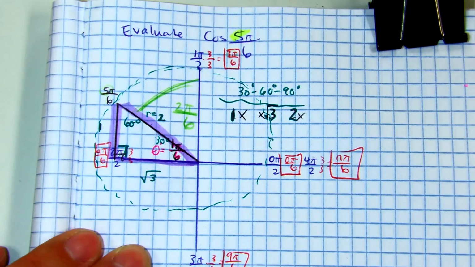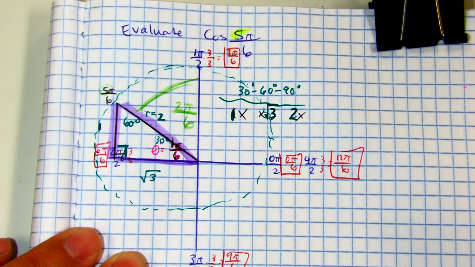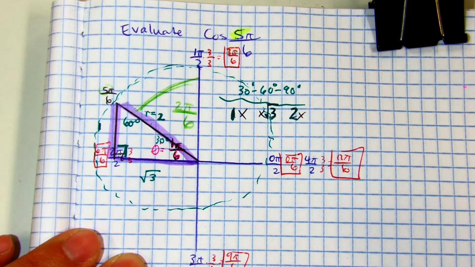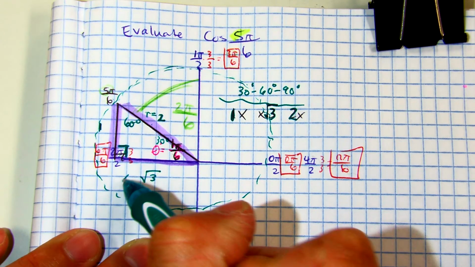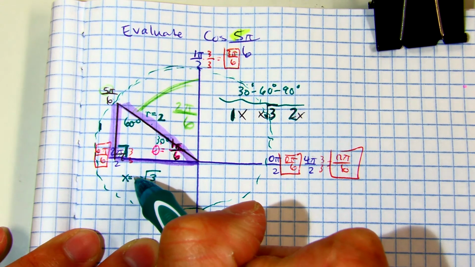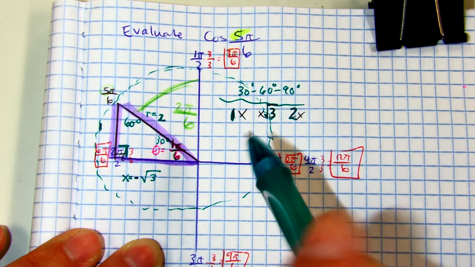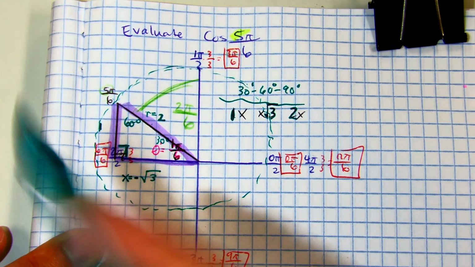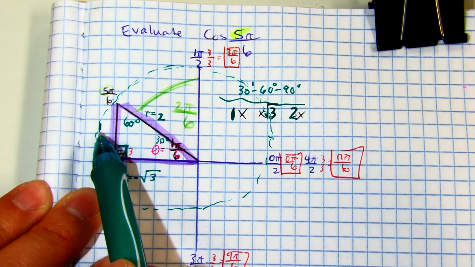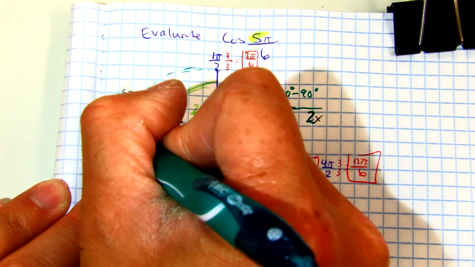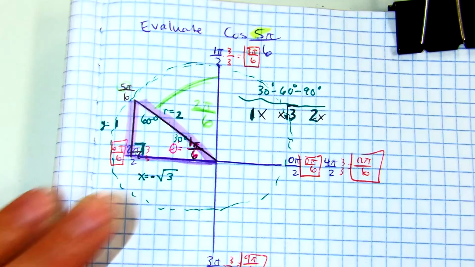Is it positive or negative? Yep. Where's the x value? Radical 3? Is it positive or negative? Why? It's on the negative side. It's going left. And then this one is positive. X, y, or r? Correct. It parallels the y-axis. Good job, Brian.